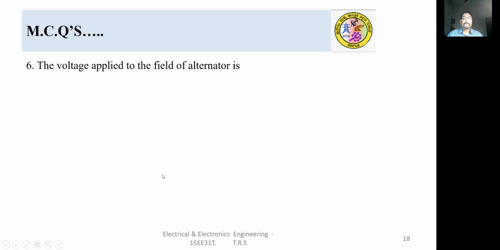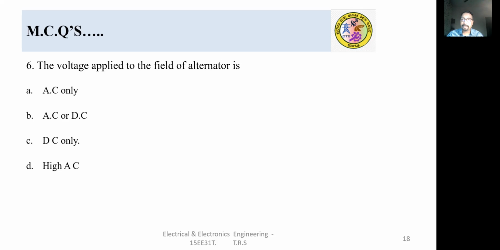The next one is the voltage applied to the field of the alternator. What type of voltage are we going to apply to the field of an alternator? In order to produce the magnetic flux, what type of voltage do we need? AC only, the first option. Second option, AC or DC. Then DC only, or high AC. Which is the answer? Remember, students, if we apply AC to the field of the alternator, definitely a magnetic field will be produced.